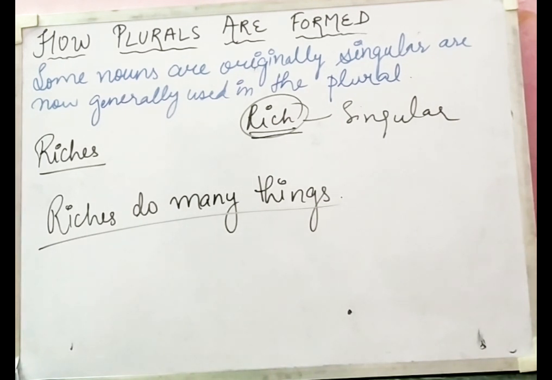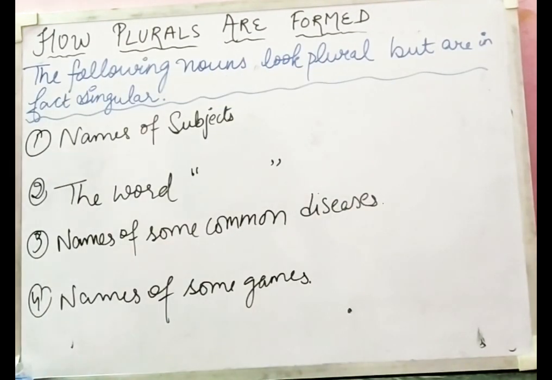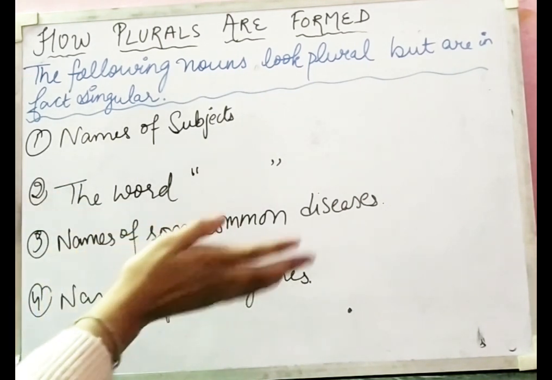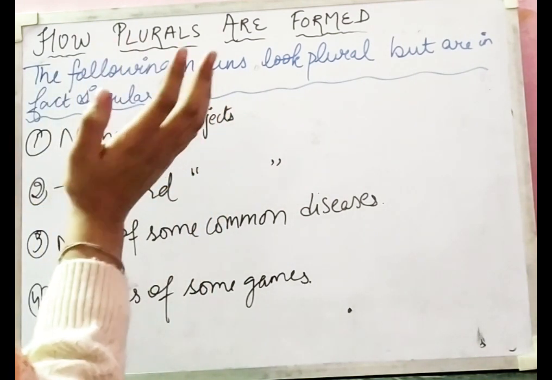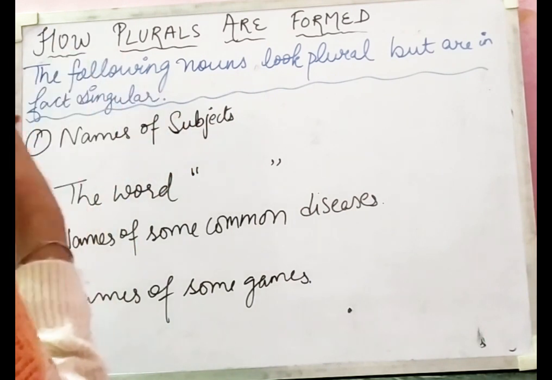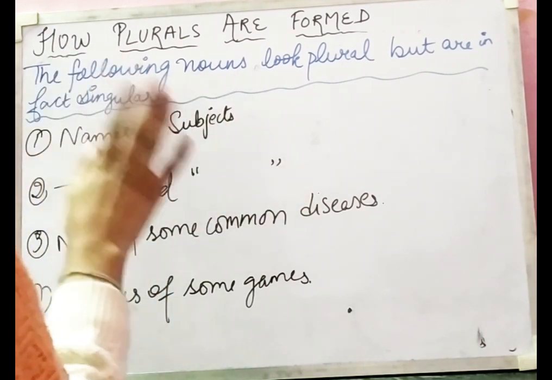Now moving forward to the next concept, that is, the following nouns look plural but are in fact singular. So let me write this first. It is saying that the following nouns look plural but are in fact singular, like subjects, s is here, talking about many subjects, means it is plural, but they are singular only.